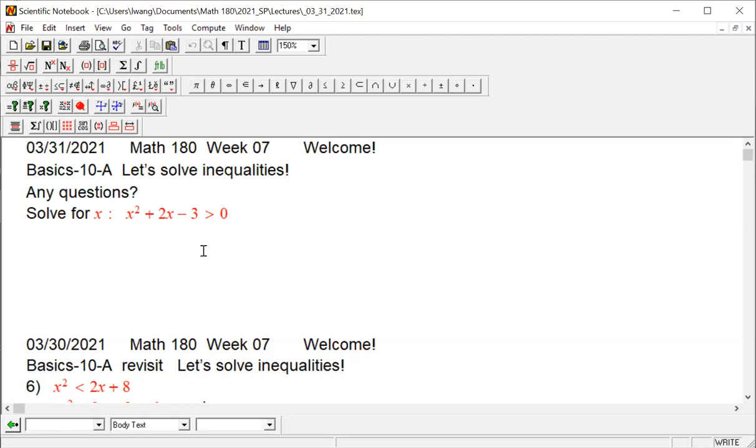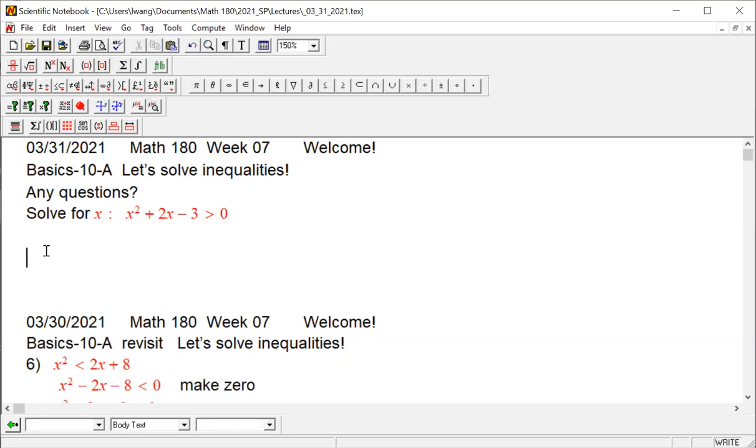Then of course we saw this question in quadratic 4. Can we solve this using the method in 10A by doing the signs?